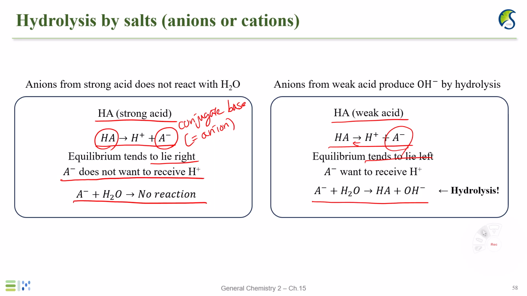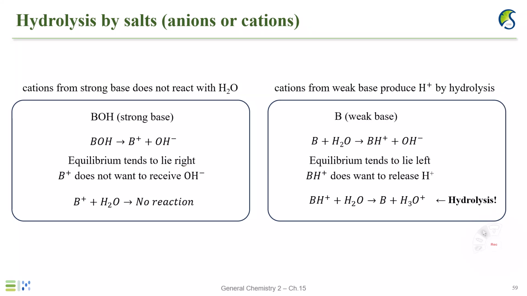This is what I just explained in this slide earlier. Because this is a conjugate base, it can do this reaction to generate OH minus from H2O, which is called hydrolysis.